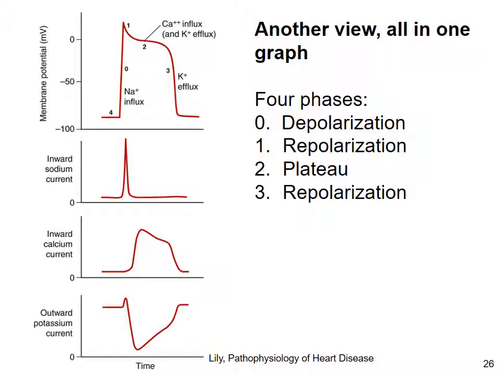Then we have some inward calcium current that happens. This is when we have some repolarizing going on. We plateau for a little bit. We have our mechanical contraction, and then we repolarize further when the outward potassium current comes back to normal here. Okay, so effectively the summation of these inward sodium, calcium, and outward potassium currents effectively create the shape that we're looking for.